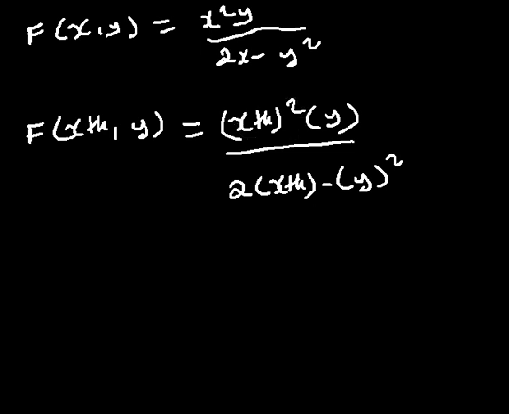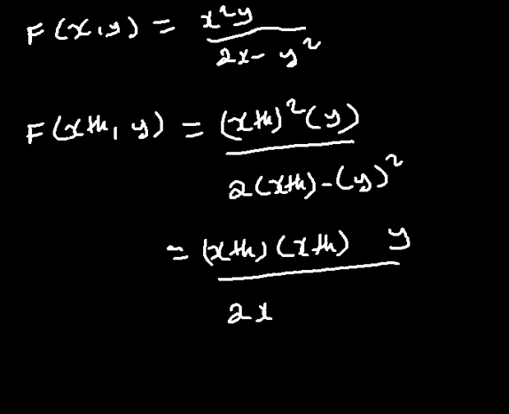This is the same as x plus h times x plus h and times y outside, divided by 2x plus 2h minus y squared. Upon expanding, we'll distribute y. That will be the way out.